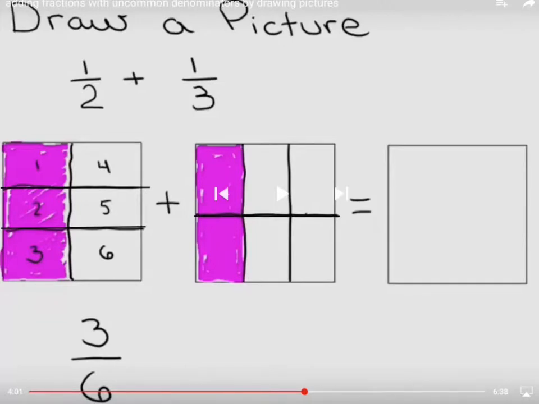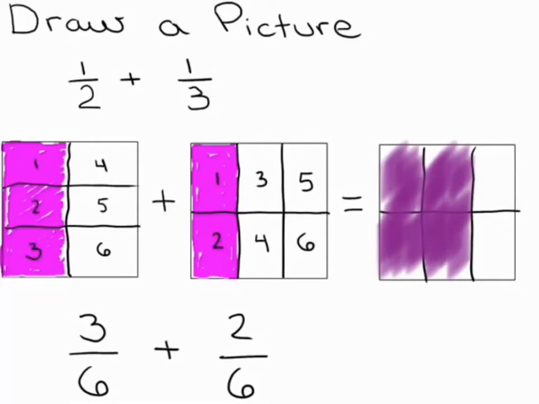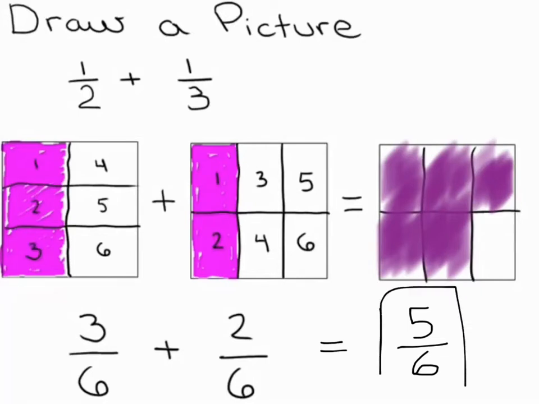And look, we have 3/6 for the half, and 2/6 for the 1/3. And now we'll color in five sixths. So this would equal 5/6. So if you're a visual person, you can draw it like that, okay?